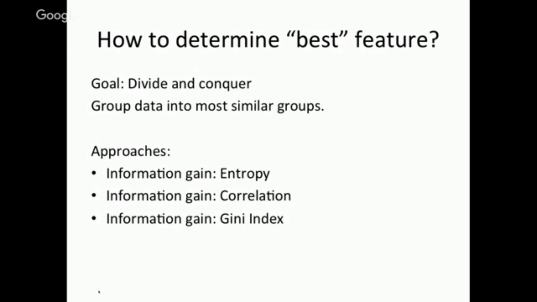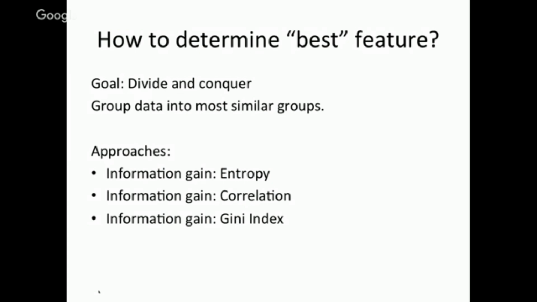Entropy is just a way to measure, once you've segregated your data into groups, the diversity or randomness of each group. As an example, if each side had 50% buys and 50% sells, then we didn't really gain any information, because it still is randomly distributed.